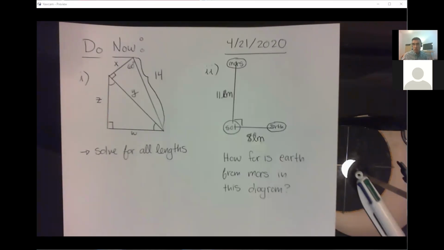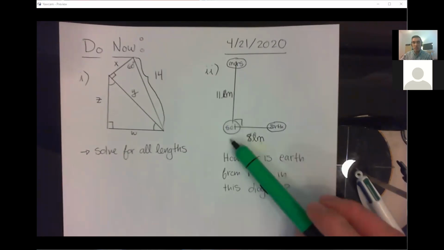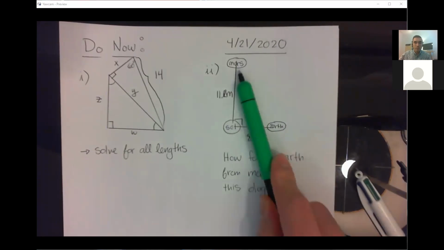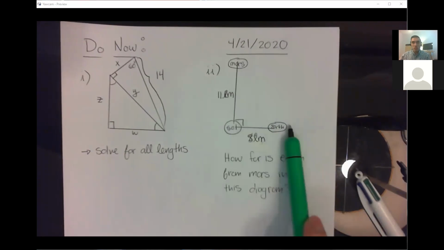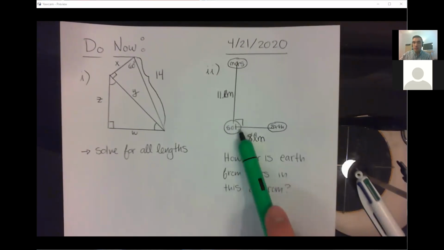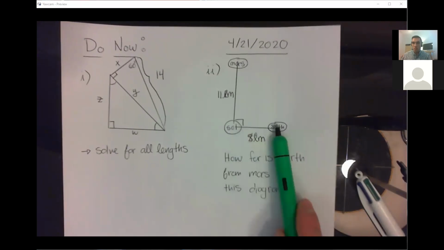And then item number 2, this is kind of a snapshot of relative positions of Sol, S-O-L, the technical science name for our sun, the Earth and Mars. The sun to Earth distance is 8 light minutes. This is to say that when light leaves the sun, it takes 8 minutes to travel to Earth.